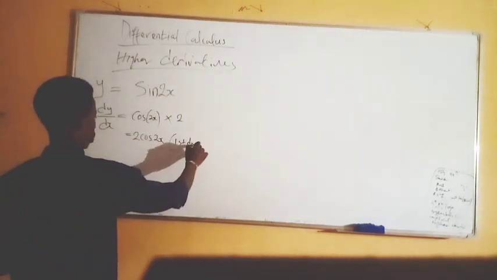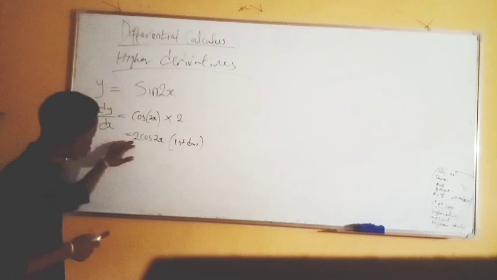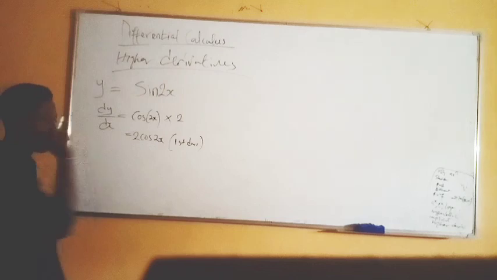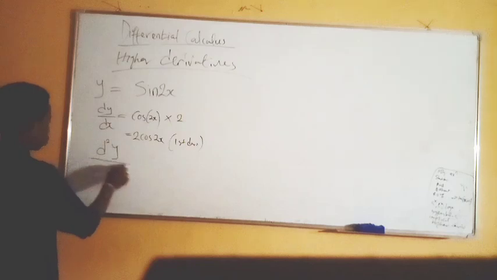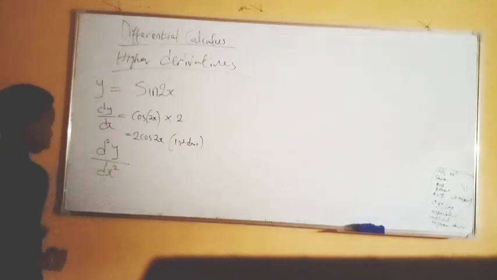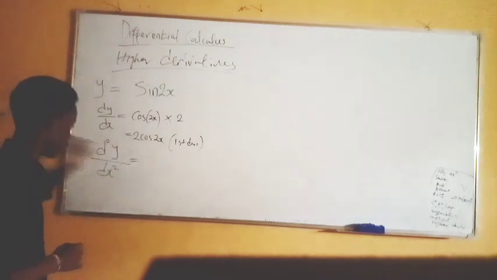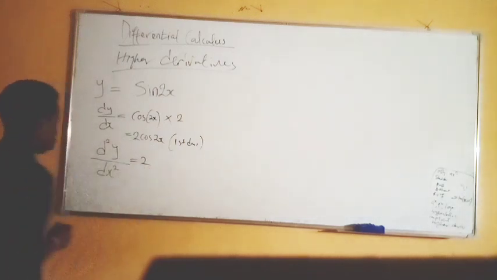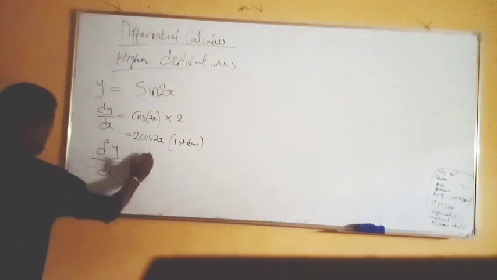Now the second derivative means we differentiate this function again, and the second derivative is written in this format, d squared y over dx squared. How do I differentiate this? Very simply. This 2 is a constant, so bring it down. It doesn't really affect the differentiation if it's a constant outside any of the functions; you just bring it out.